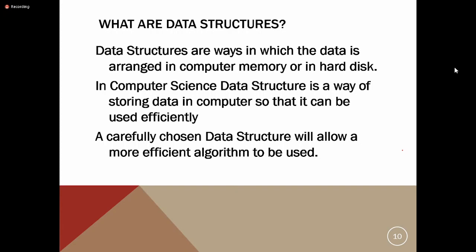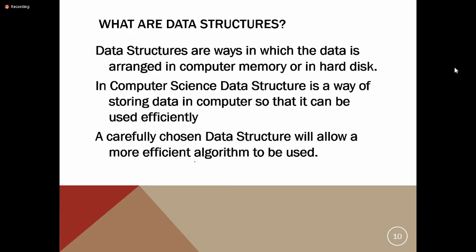So in other words, data structure is a way of storing data in computer so that it can be used efficiently. අපිට ඕන වෙලාවට අවශ්‍ය වෙලාවට අවශ්‍ය විදිහට data ලබා ගන්න store කරලා තියාගන්න ලේසි ක්‍රමයක් තමයි data structure එකක් කියලා කියන්නේ. A carefully chosen data structure will allow a more efficient algorithm to be used.